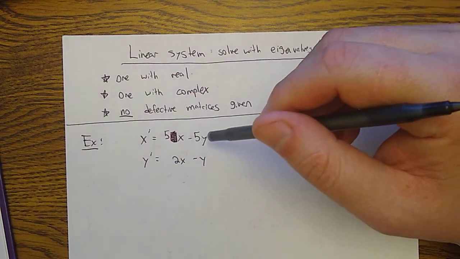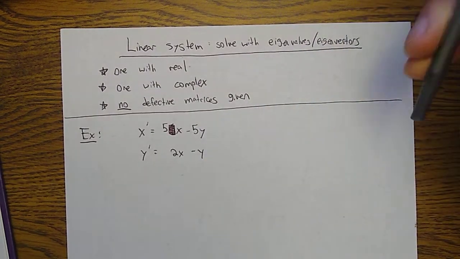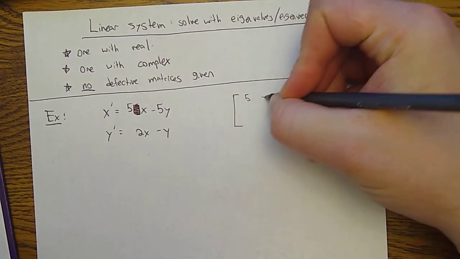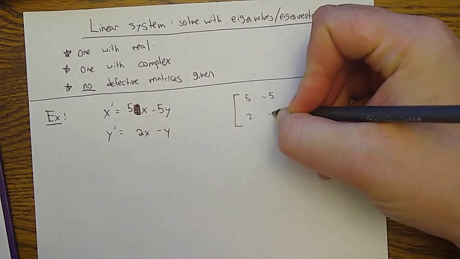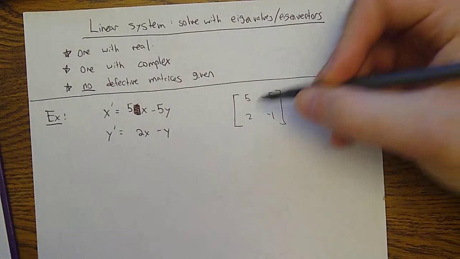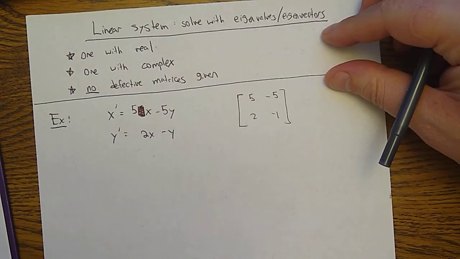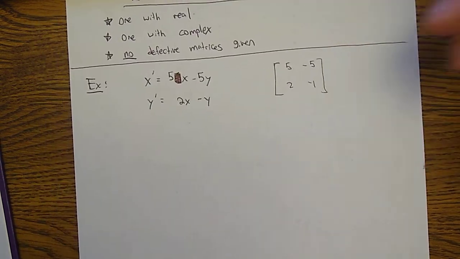So let's try one. Here I have this system. Let me first write the matrix. And of course, we know that this all boils down to the eigenvalues and eigenvectors of this matrix.